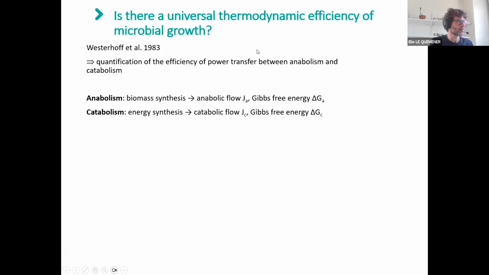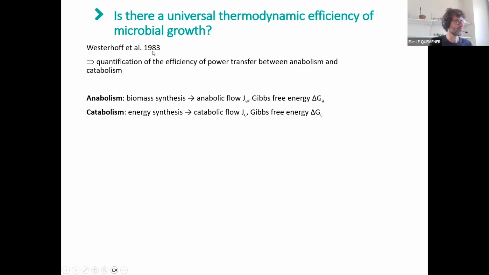Yeah, maybe first. This type of reasoning comes from early papers in the 80s, where they tried to devise how microbes store energy. Is there a universal thermodynamic efficiency of growth, things like that?